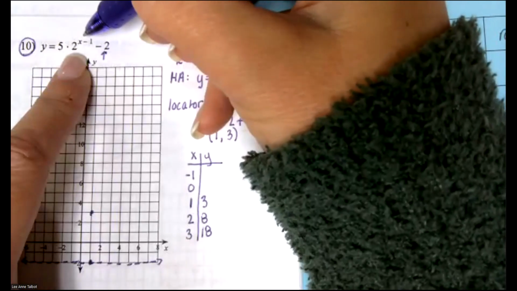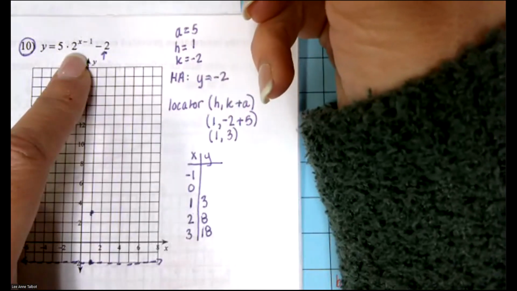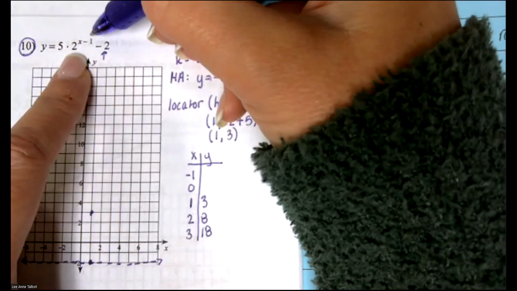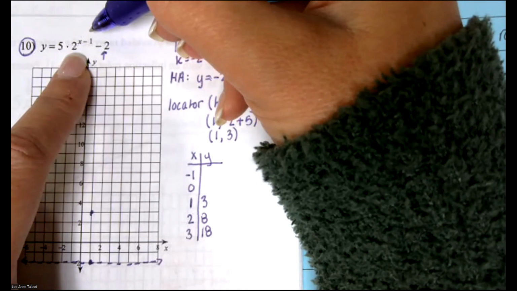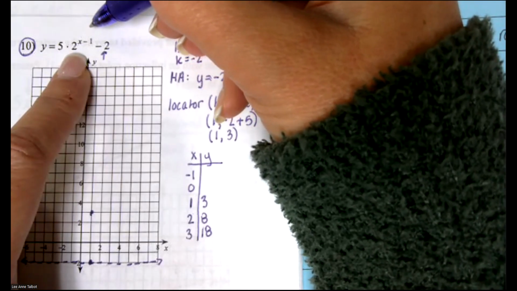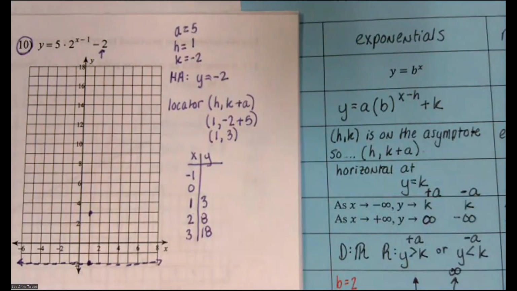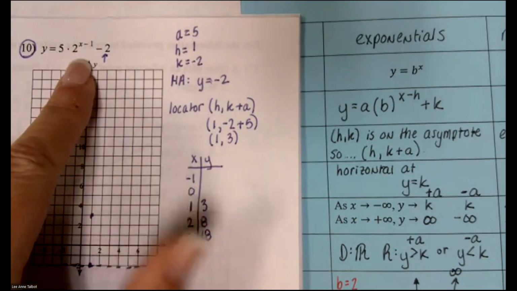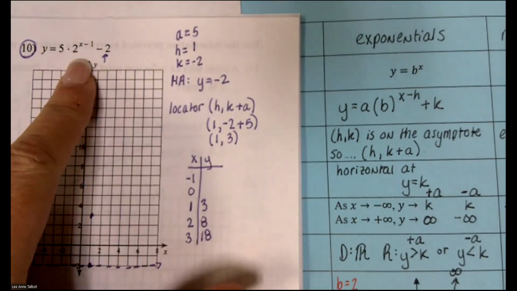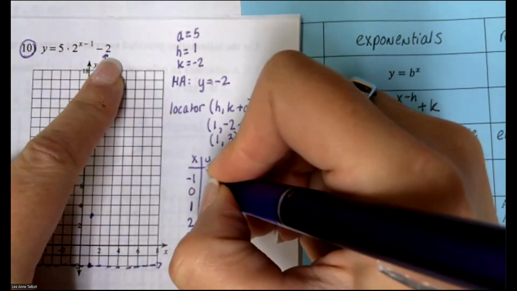So 0 minus 1, what's that? -1. Okay, here's the moment of truth. 2 to the -1 is 1/2. So 5 times 1/2 is 2.5. 2.5 minus 2 is 0.5.